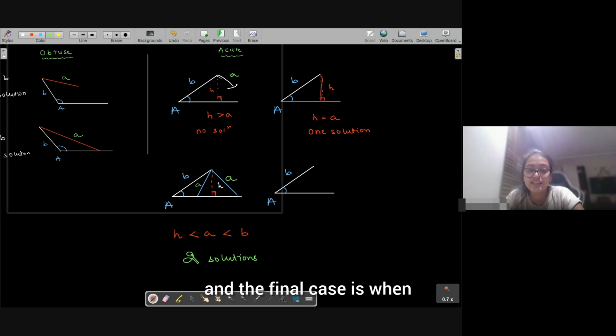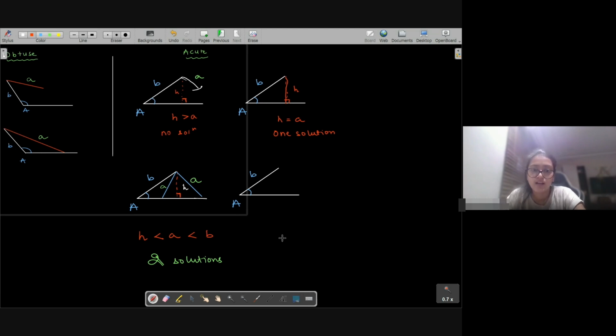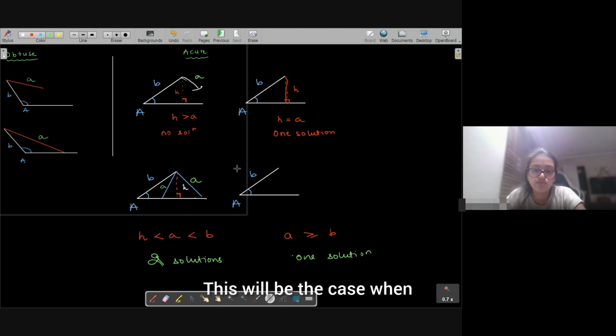And the final case is when your A is greater than B. In this case, you will have one solution. This will be the case when A will be like this. This is your A, and your height is this.